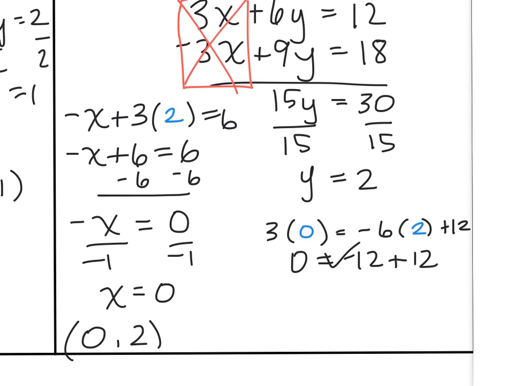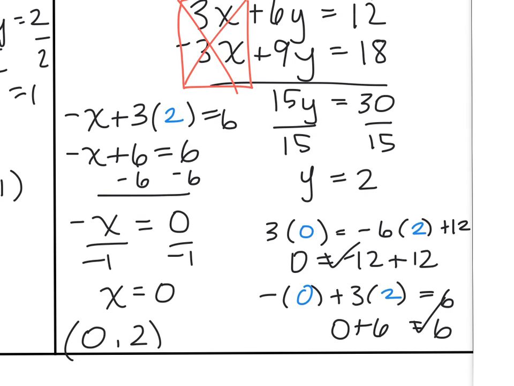And notice I went back to the original equation that was given before we wrote it in standard form. And then I have negative x, so negative 1 times 0 is 0, plus 3 times y, which is 2, equals 6. So I've got 0 plus 6 equals 6, and it checks out.